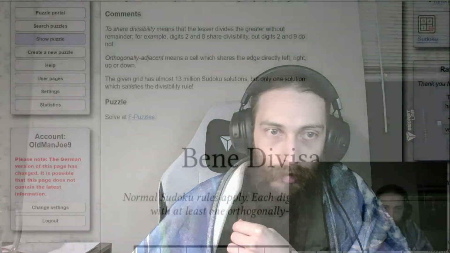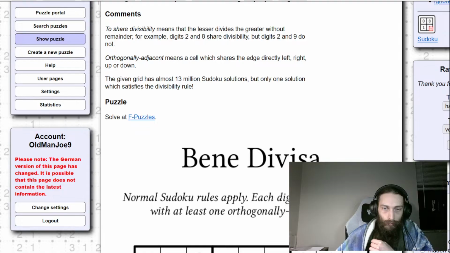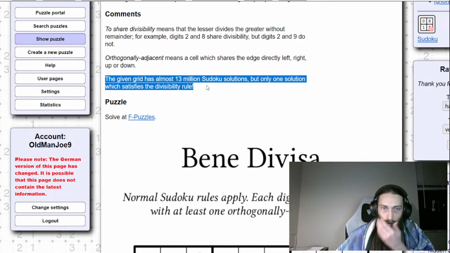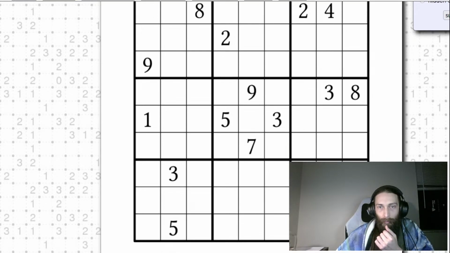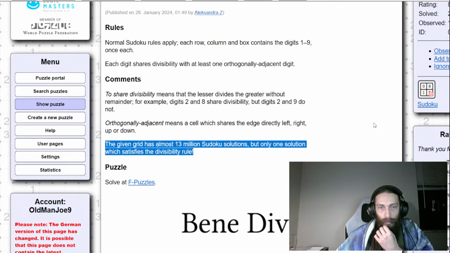Anything else that you want to say before signing off? I thought it was interesting that there's like 13 million Sudoku solutions, but only one solution which satisfies the divisibility rule. Just because of how open the grid is, there is a lot of different ways you could place the digits 1 through 9.